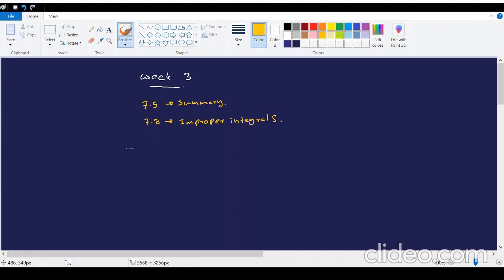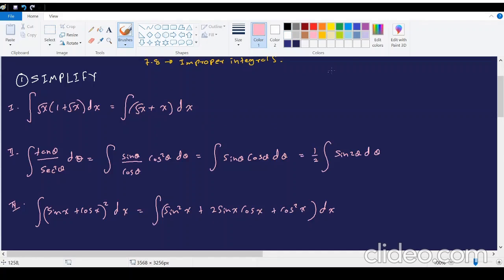So now the first technique is to see whether we can simplify the integrals. For example, if we consider things like this, in the first example we have the square root of x multiplied with 1 plus square root of x.